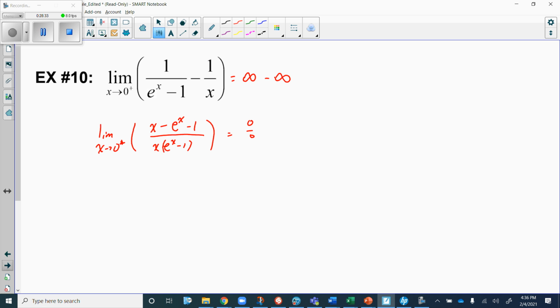So now this is where it says take the limit of either a product or a quotient. Here I'm going to start doing my L'Hopital stuff, as x approaches 0 from the right side.